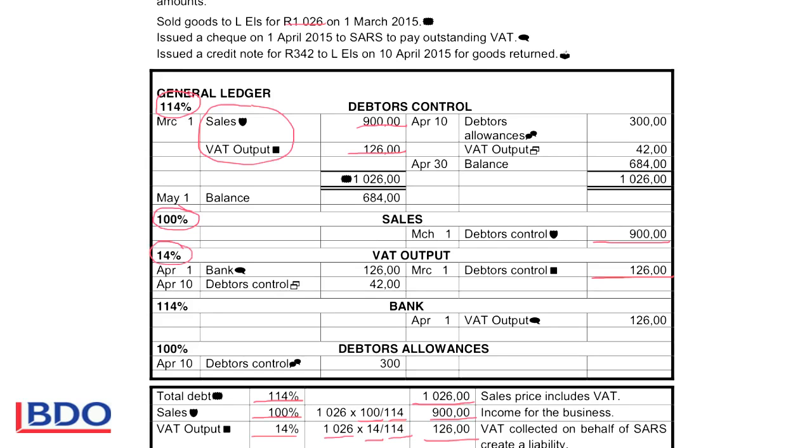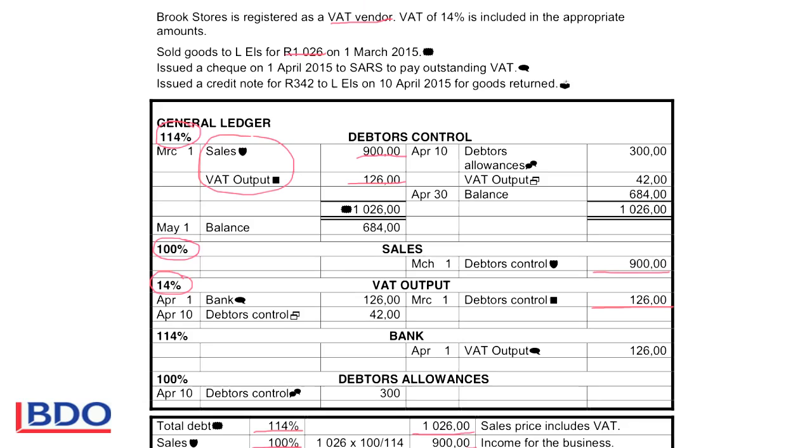Okay, then our second entry, they said issued a cheque on the 1st of April to SARS to pay the outstanding VAT. That means that we have to pay the full amount that we're supposed to collect from the debtors in the future, and we will issue a cheque, so bank will be credited and VAT output will be debited.